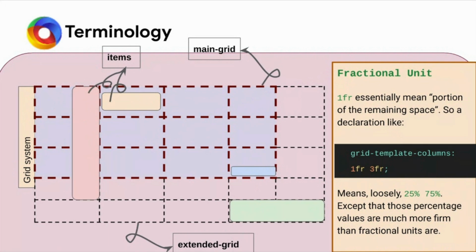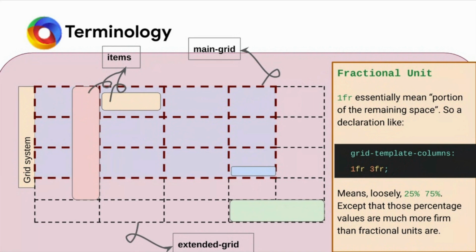Okay, now coming to one more topic, that is fractional unit. So what exactly is a fractional unit? Remember in flex grow and shrink, we have done the proportion thing. The same proportion applies here in the fractional unit. So it would be like grid template column, 1fr and 3fr. Basically, what it means is it's like 25%, 75%, or the ratio of 1:3.